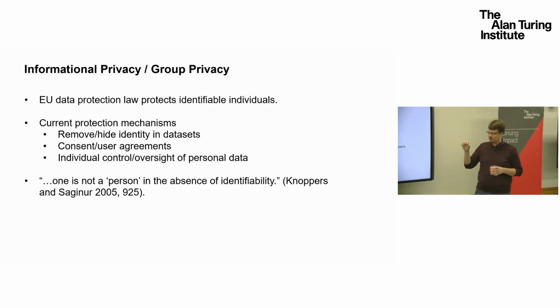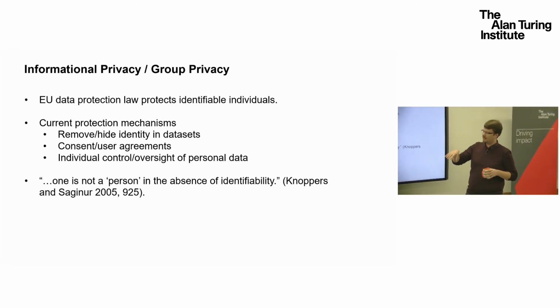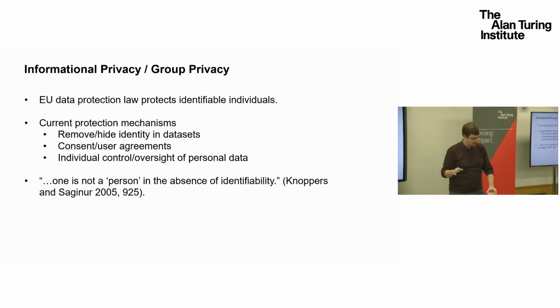So in other words, the entity of concern in the eyes of the law is the identifiable individual. You protect the data of identifiable individuals in order to protect the privacy or the other interests of individuals. Groups are not paid attention to in any respect.